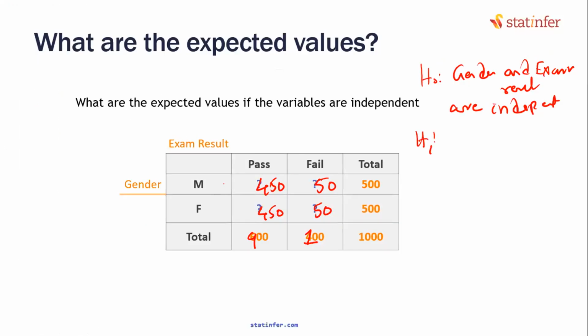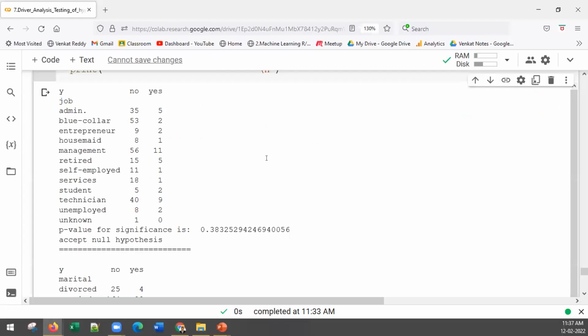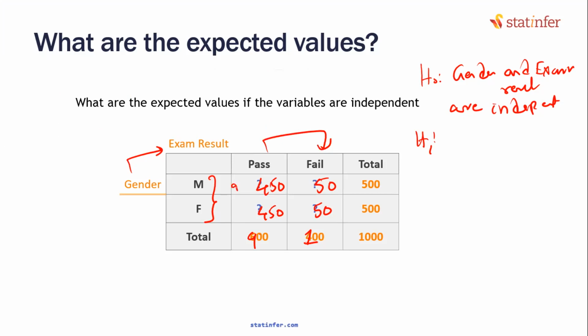Now tell me, exam result, is it independent of gender or is it depending on gender? Independent. Why independent? Because these are not same, right? Same thing. If you see here, that's 90%, 10%, 90%, 10%. Yes or no? Since the overall number itself is lesser, that's why these numbers will be always less. Do you agree? Yes, I understood.